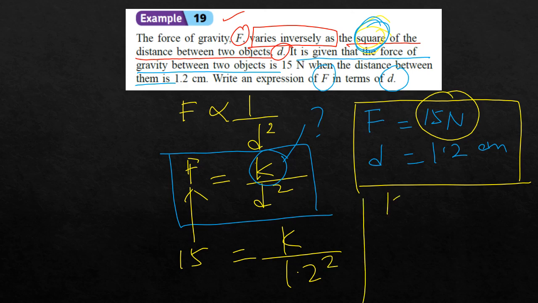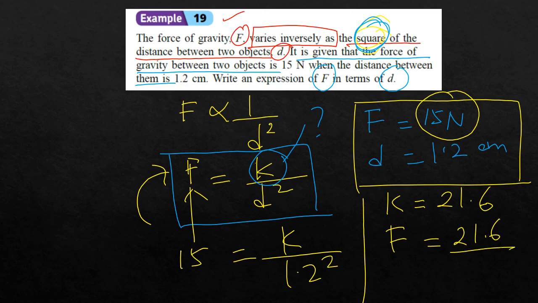Then you get your k equal, what is your k? 21.6. Okay, then you substitute back inside here. F equal 21.6 over d square. This is the answer. Express f in a term of d.